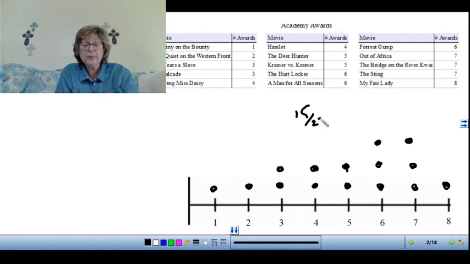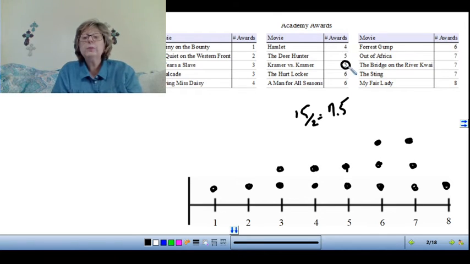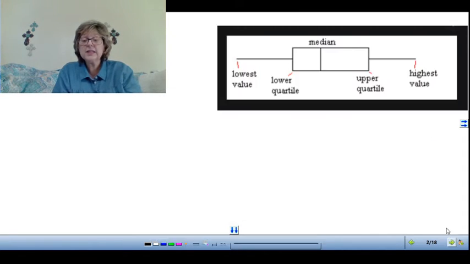If you divide that by 2, it's 7.5. So 7 below, and then 7 above. The one in the middle, 7 below it, 7 above it, would be my median. So in this case, my median would be 5. So I would put a 5 right here.